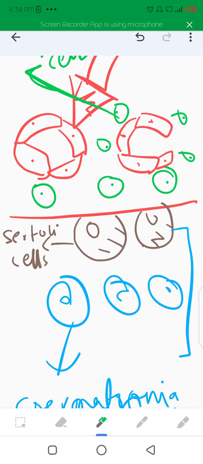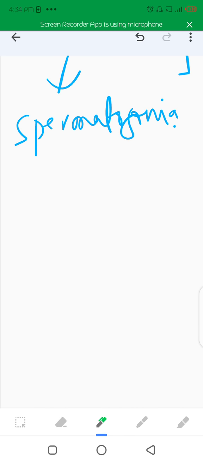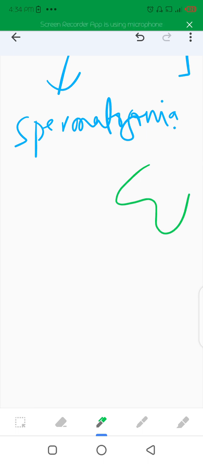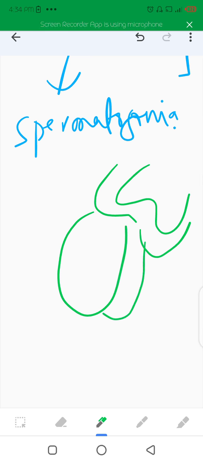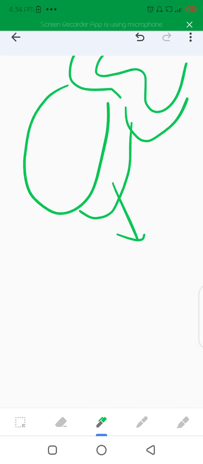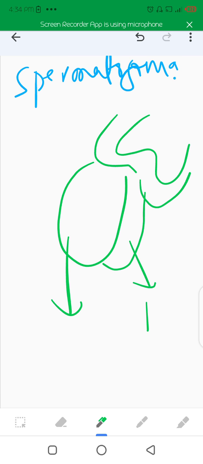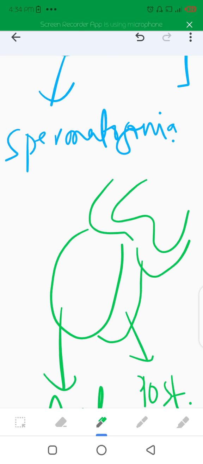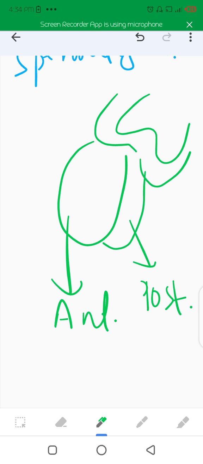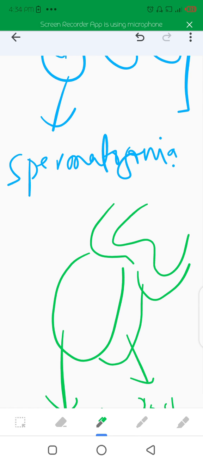So what happens is that in the hypothalamus, the gonadotropin releasing hormone is released. I'm going to show another structure in here. This is the posterior lobe, and this is the anterior lobe of the pituitary gland, and this is the hypothalamus.